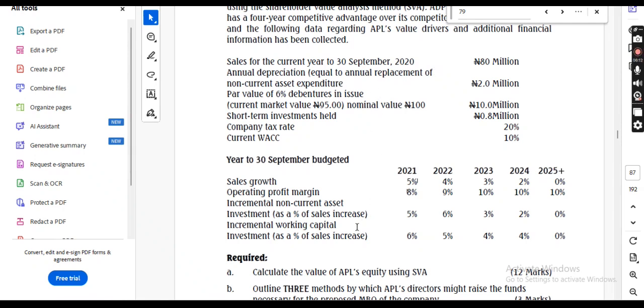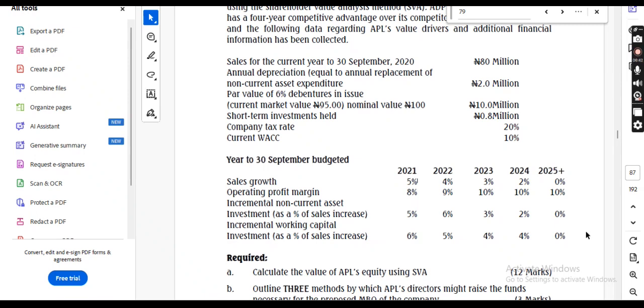So it means you will still have replacement of non-current assets of 2 million, 2 million, 2 million. That is equal, right? Now, what else do we need?